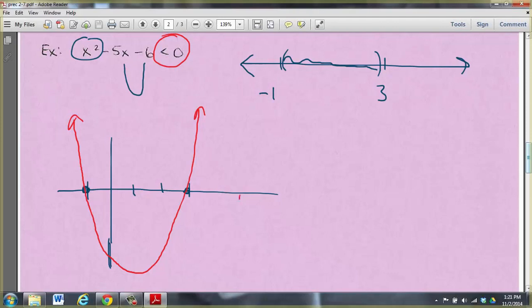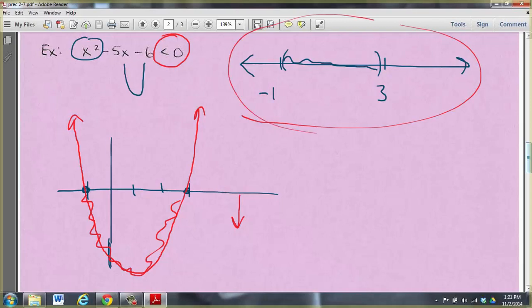Okay, well, less than 0 is going to be everything under the x-axis. So this whole thing is where that formula is less than 0. And just like we showed right here, it's less than 0 from -1 to 3. So this ties in to what you already know about graphing quadratics.